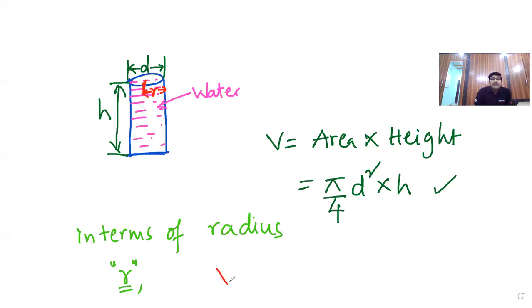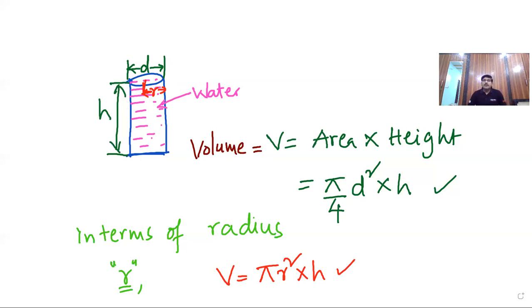Then volume becomes area, the circular area pi r square, into h. In terms of radius, V is the volume. That means the amount of space occupied by the water in this case is pi by 4 d square into h.